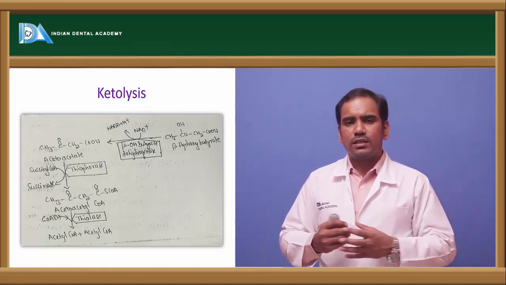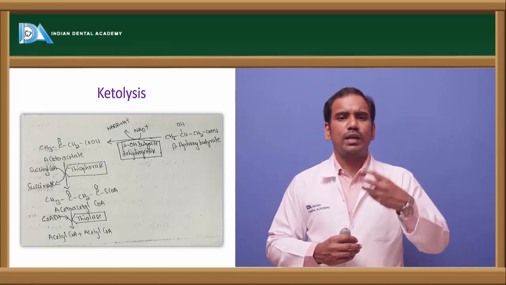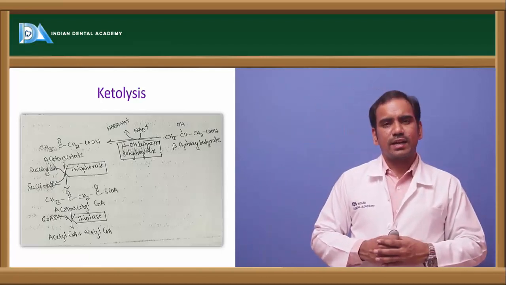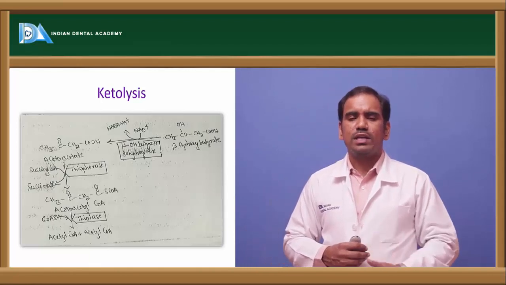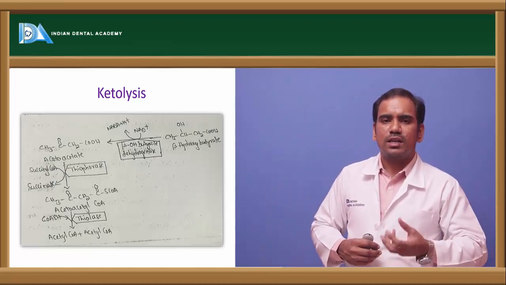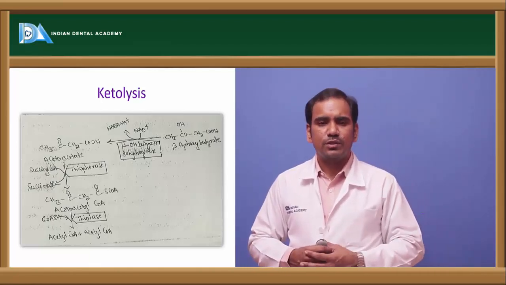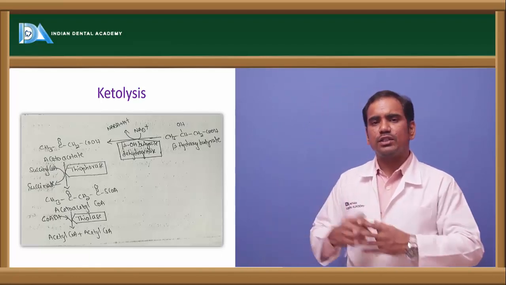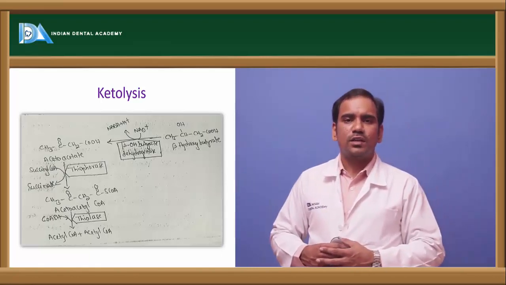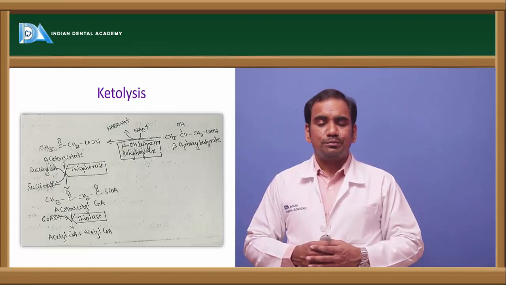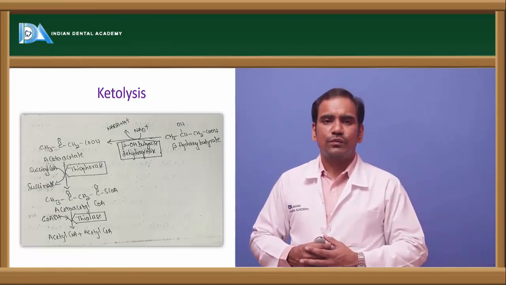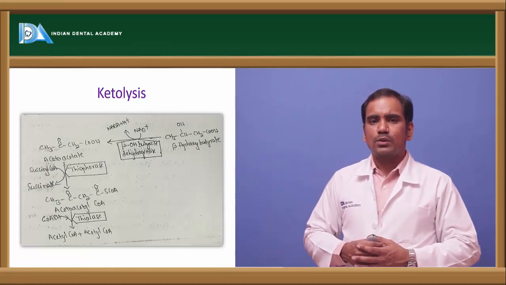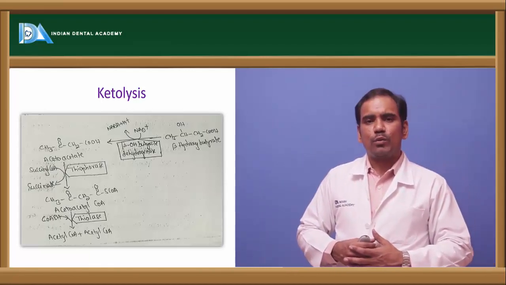Once it is converted into acetyl-CoA, that acetyl-CoA enters the TCA cycle, where it is subjected to oxidation. By oxidation, it generates reducing coenzymes, and those reducing coenzymes enter the electron transport chain, thereby generating ATP by a process called oxidative phosphorylation. So this is how utilization of ketone bodies occurs.